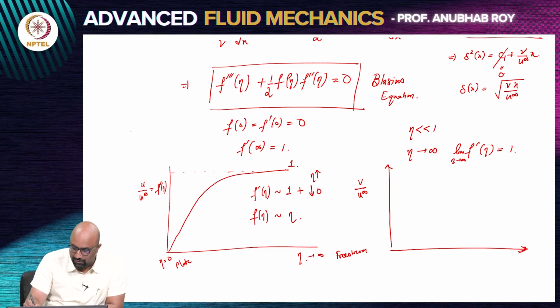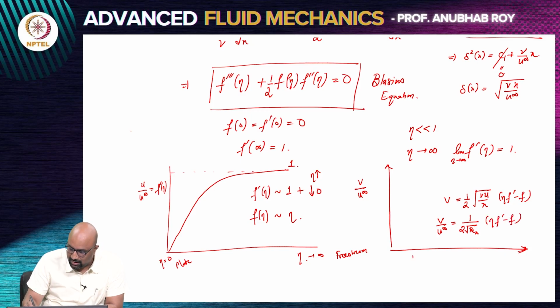So vertical velocity, if you compute, v will be in terms of delta prime of x, so that is nu by u x times eta f dash minus f. So if you write v by u infinity, that would be 1 by 2 root Reynolds based on x times eta f prime minus f, where Reynolds based on x is u infinity x by nu.